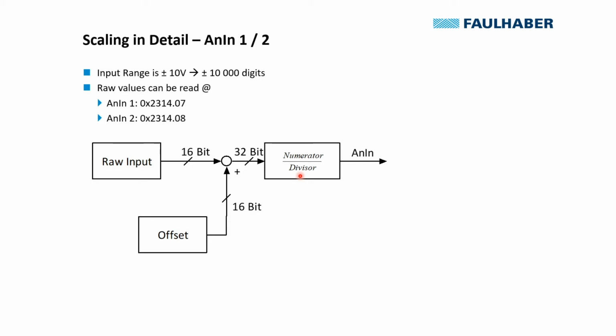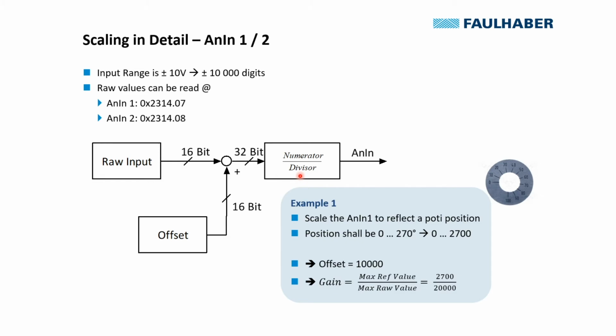So let's do a first example. The input range would be the full range of plus minus 10 volt, and we want to generate a position target of 0 to 2700, representing the scale of such a potentiometer, so 270 degrees. First would be the offset, and let's start with a simple value.